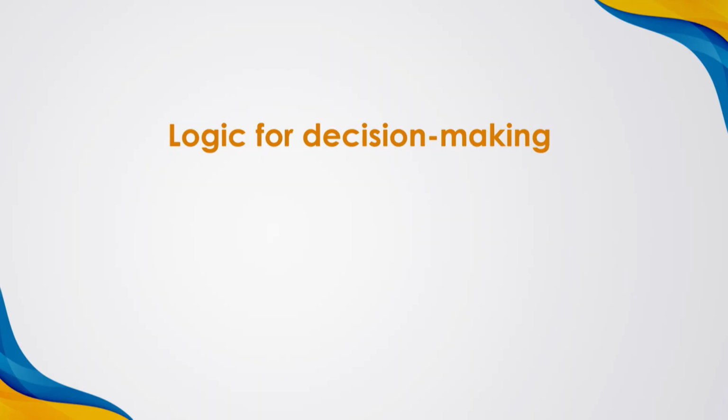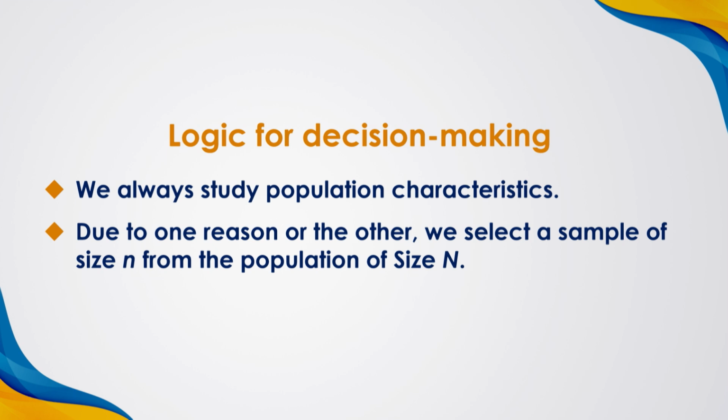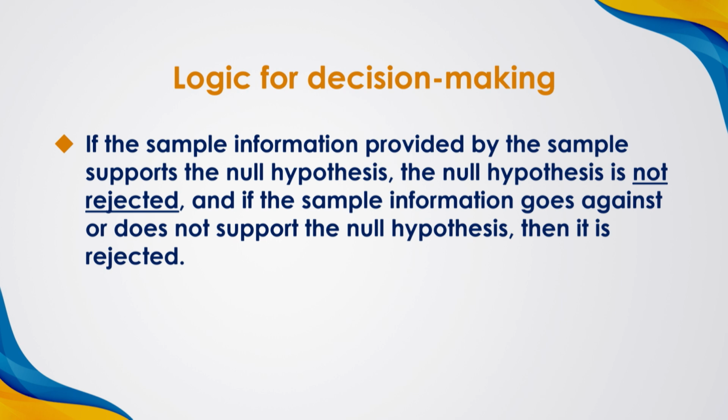Now, how are we making the decision whether to accept or reject the hypothesis? Logic for decision making. We always study the population characteristics. Due to various reasons, we select a sample of size n from the population of size capital N. If the sample information provided by the sample supports the hypothesis, the null hypothesis is not rejected.